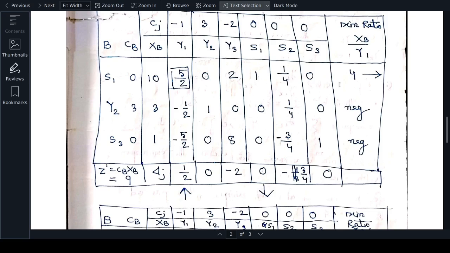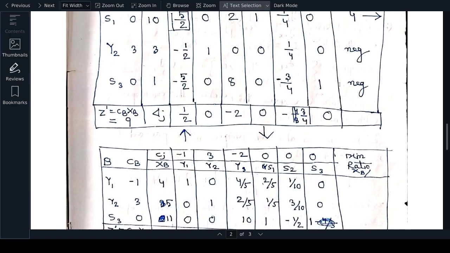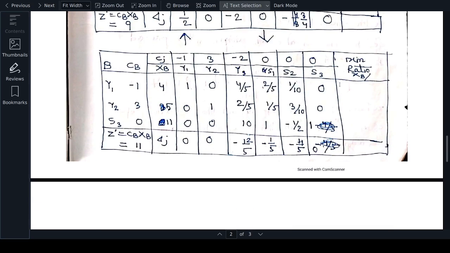Next one is 5 by 2 by 5 by 2 is 1. Next 0 divided by 5 by 2 is 0. 2 divided by 5 by 2 is 4 by 5. 1 divided by 5 by 2 is 2 by 5. 1 by 4 divided by 5 by 2 is 1 by 10, and 0 divided by 5 by 2 is 0. Clear?